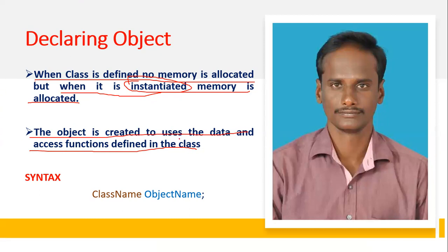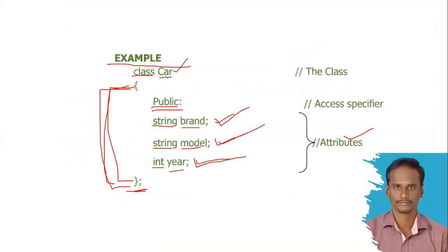Okay, let us see how we are creating objects. This is the general syntax, or general form, for creating objects. First we should give the class name. As in our previous example, what is our class name? The class name is car.